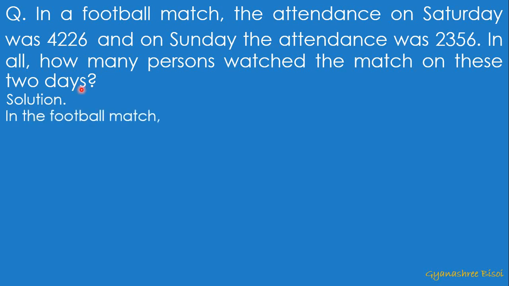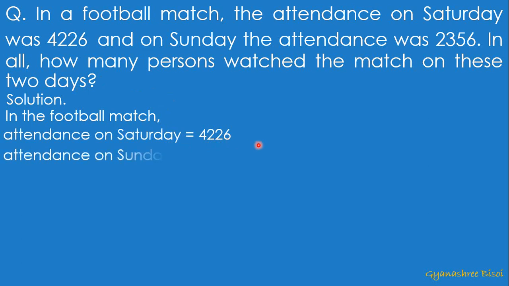See how I am writing the statements. In the football match, attendance on Saturday equals to 4,226. Attendance on Sunday equals to 2,356. These statements I have directly taken from the question. You can see.